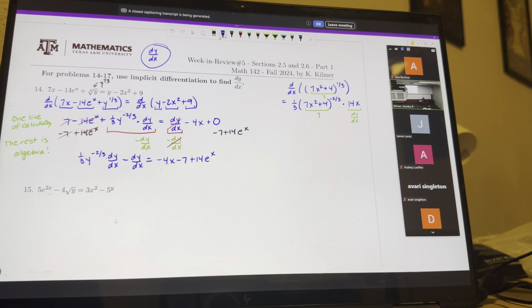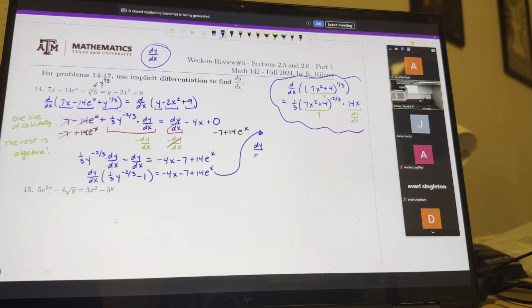Everything that has a dy/dx in it to one side, everything that doesn't to the other side. Then we factor out a dy/dx. If I factor out a dy/dx from these two terms, I'm left with 1/3 y to the negative 2/3 minus 1. The right-hand side remains as is. This is kind of my thought bubble. Now solve for dy/dx.